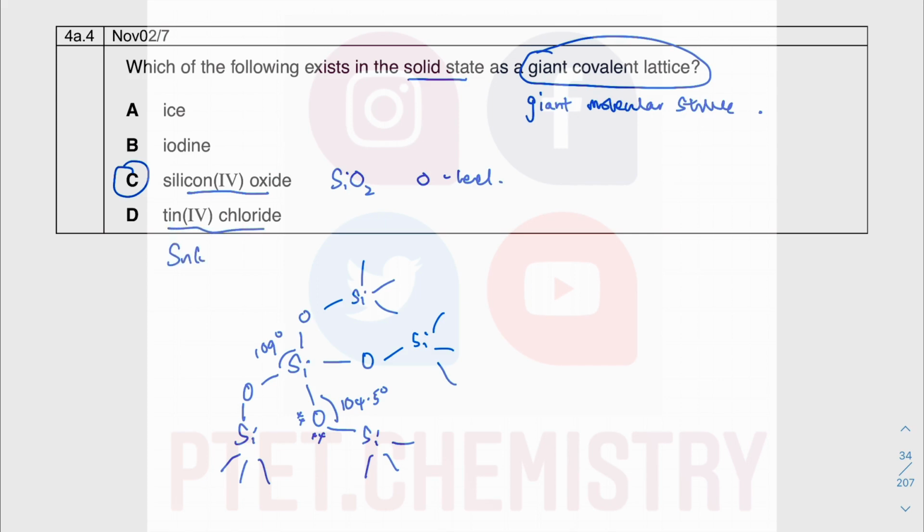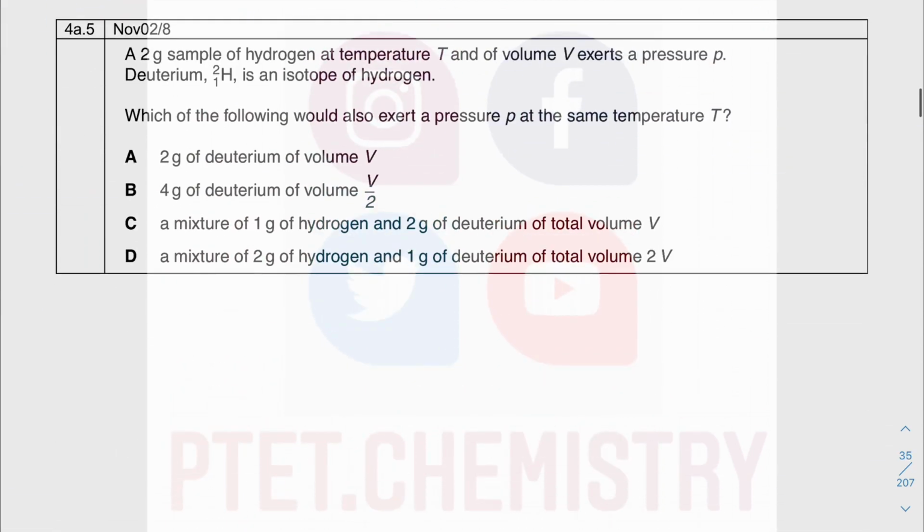Tin 4 chloride will be SnCl4, and the structure of tin 4 chloride looks just like methane, where it's 109 degree, tetrahedral, simple molecule. And obviously ice is just water, but it's a hydrogen bonded solid state structure, and we talk about it in the chemical structure and bonding example, which you could check out in your own time as well.